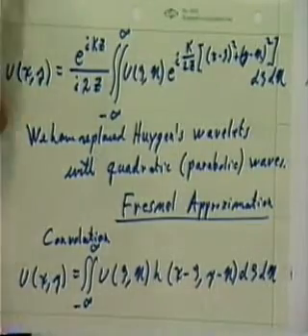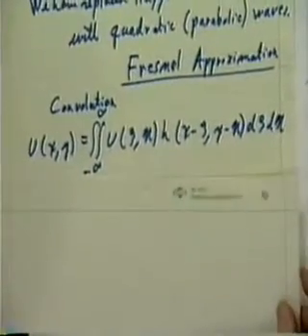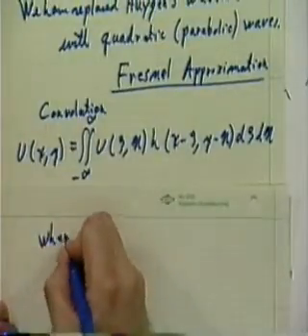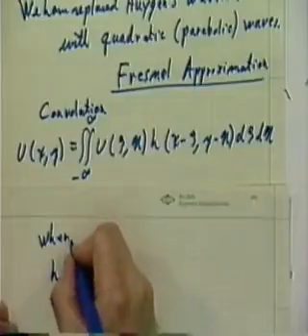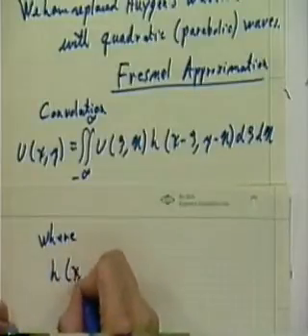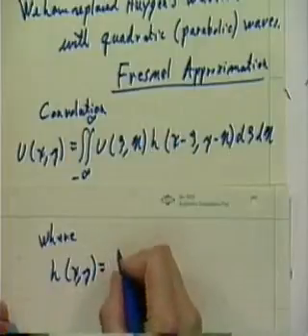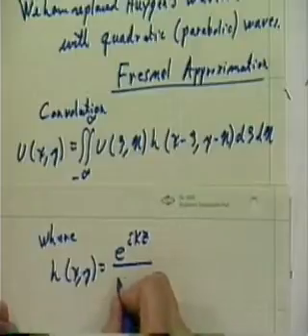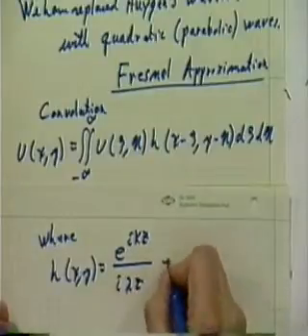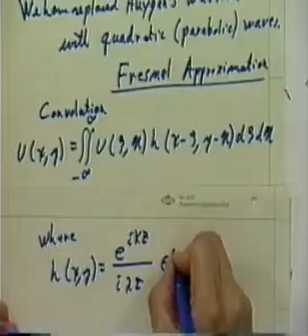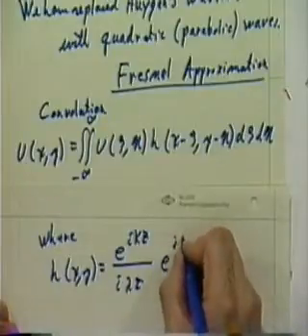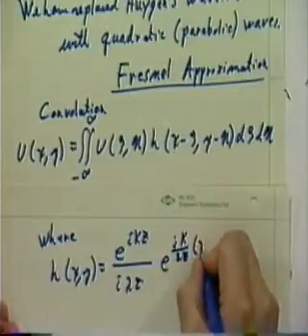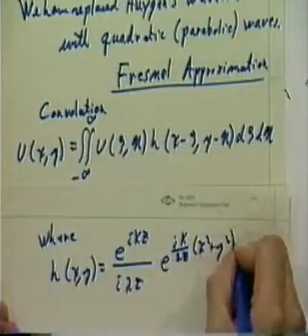and where this convolution kernel, where h of x and y is e to the i k z over i lambda z, e to the i k over 2z times x squared plus y squared.